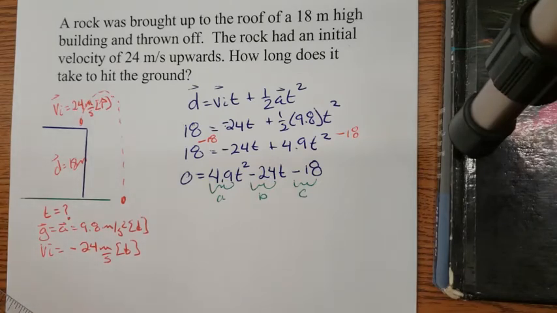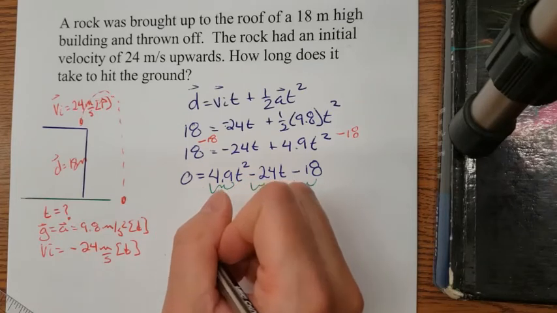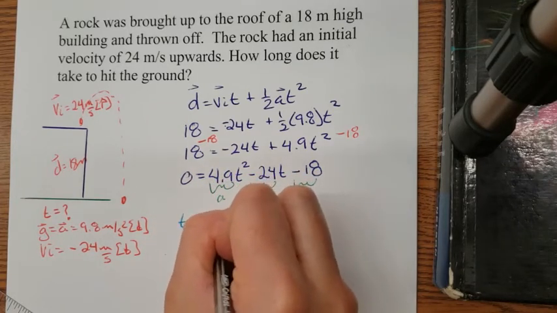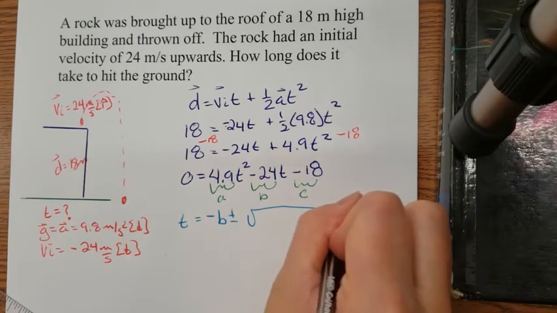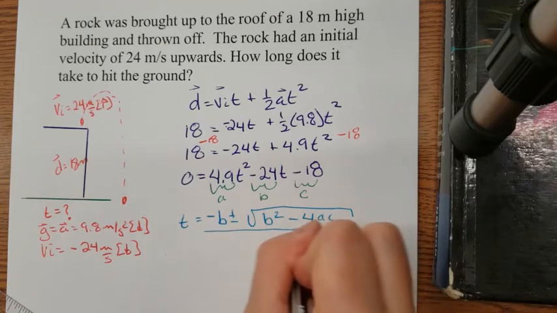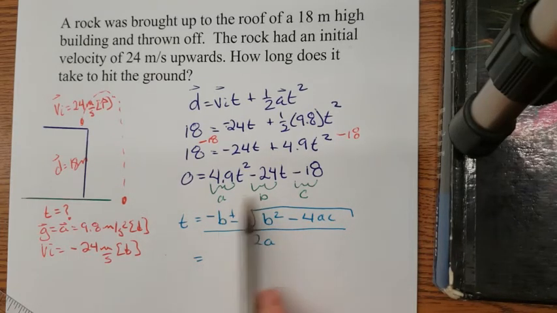So if we think back to the quadratic formula, in math you use x, but in this case we have t, so t is equal to minus b plus or minus the square root of b squared minus 4ac all over 2a. And you just plug in your a, b, c.